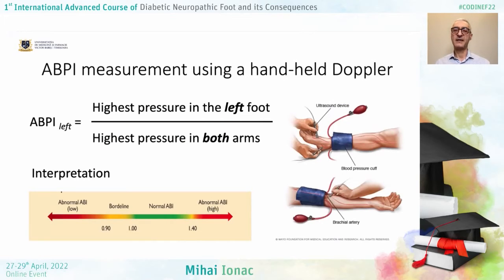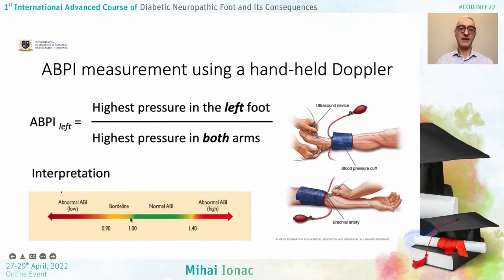This is the way we calculate the ankle brachial index. The numerator is the highest pressure among these two, and in the denominator we have the highest brachial pressure, which has to be taken in both arms. This is very important.